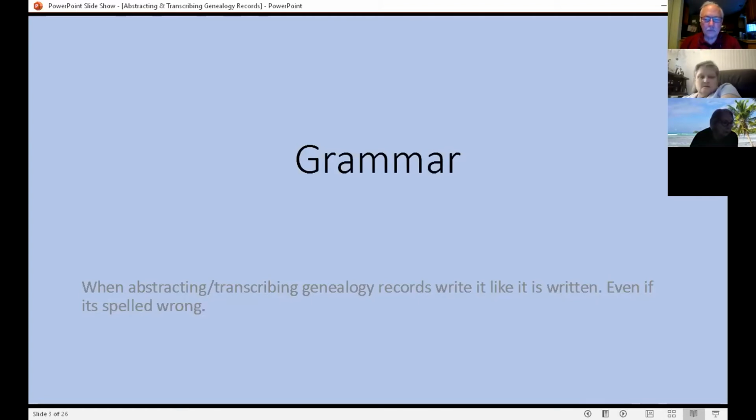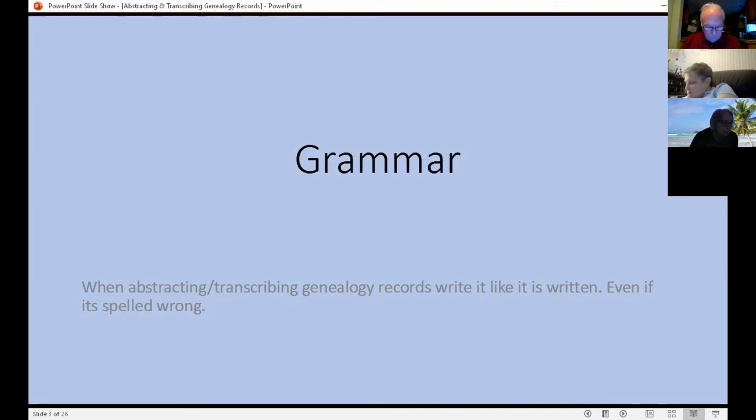And that basically says, that's what it says, even though it may not be a word today, or it may be a word that is totally illegible, that it may be something completely different and they just spelled it a certain way. Or it could be that the person is illiterate and they're writing how they are. That also helps you when you're abstracting or transcribing a document.